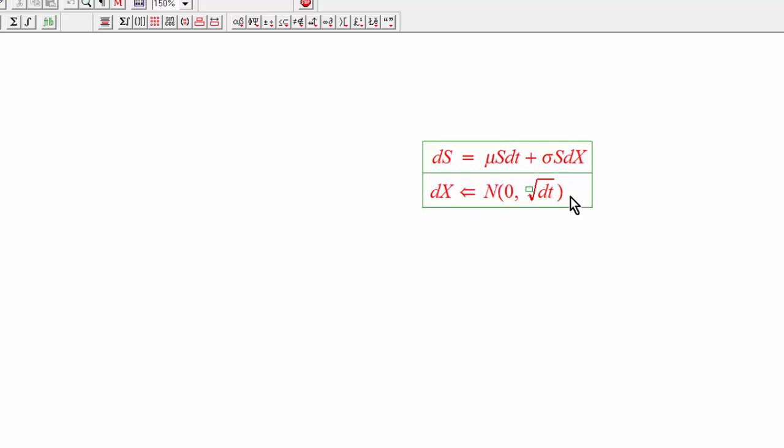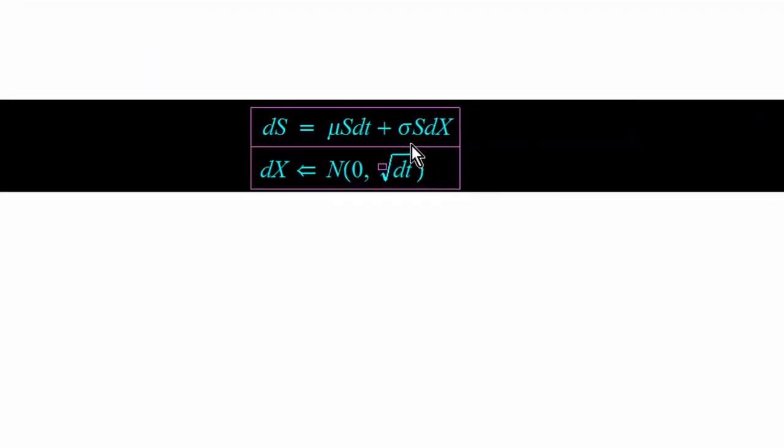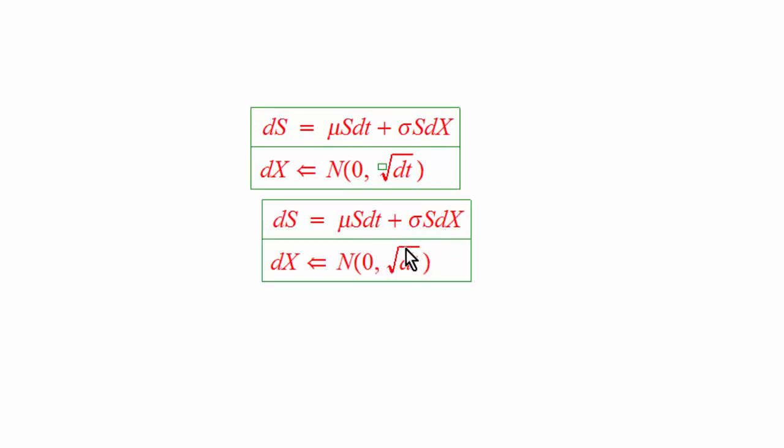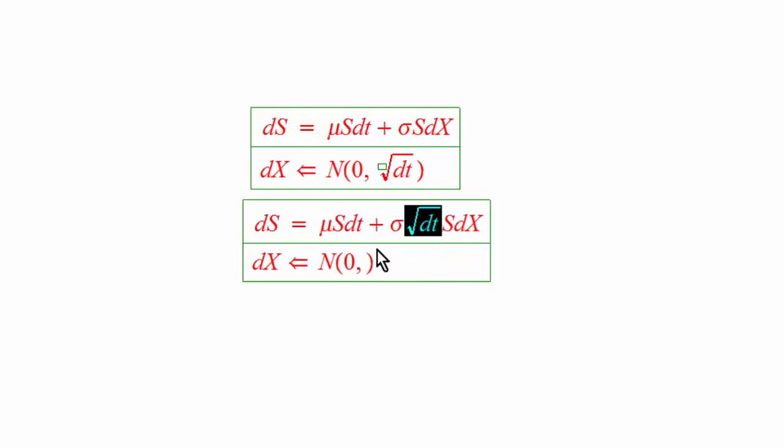So the time step is in the random variables. The other, more explicit way to write it is to put the dt in with the sigma and then make the dx's have a standard deviation of 1. Those are both equivalent ways of writing the change of stock.